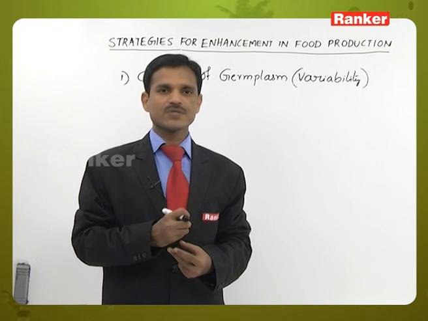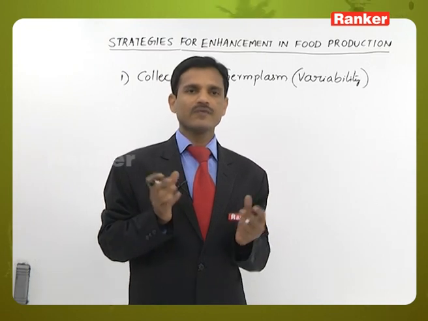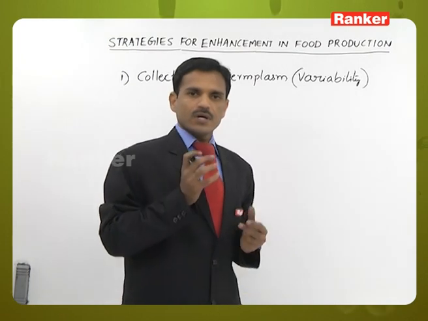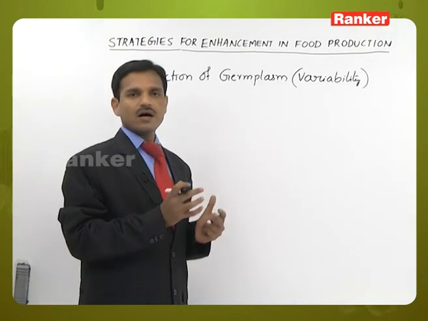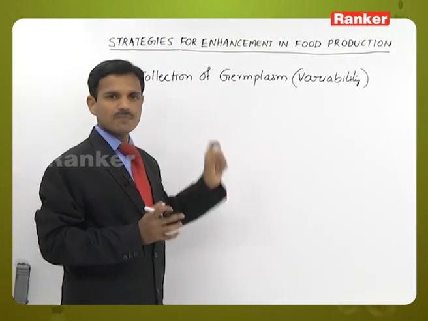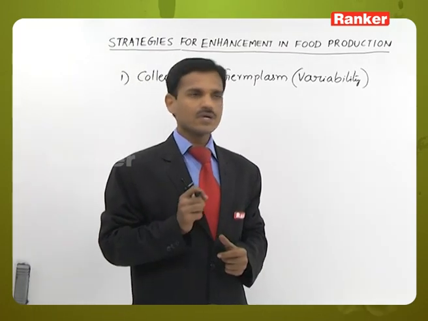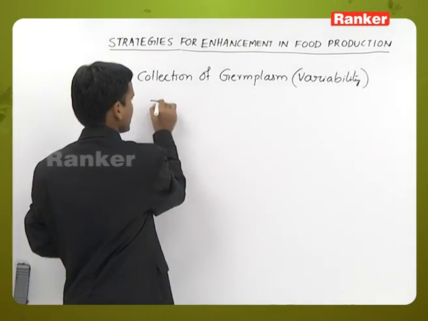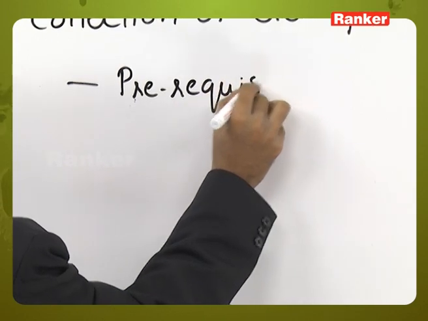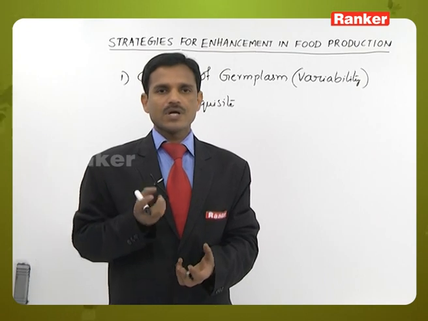With at least two varieties, we can incorporate the two qualities into a single variety. Germplasm contains all the alleles for all genes in a given crop. So germplasm collection is a prerequisite, the first important step. Without germplasm we cannot produce the new plant.